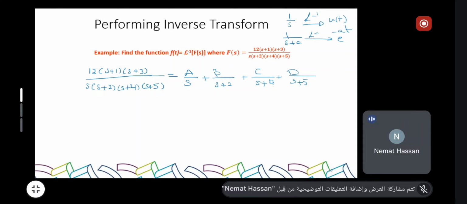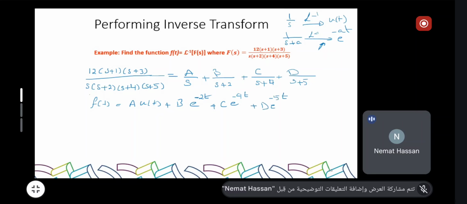So, given that a, b, c, and d are constants that we can find, then the inverse transform of F of s, which is f of t, would be equal to a, whichever the value of a is, times u of t, plus b times e power minus 2t, applying this rule, plus c e power minus 4t plus d e power minus 5t.